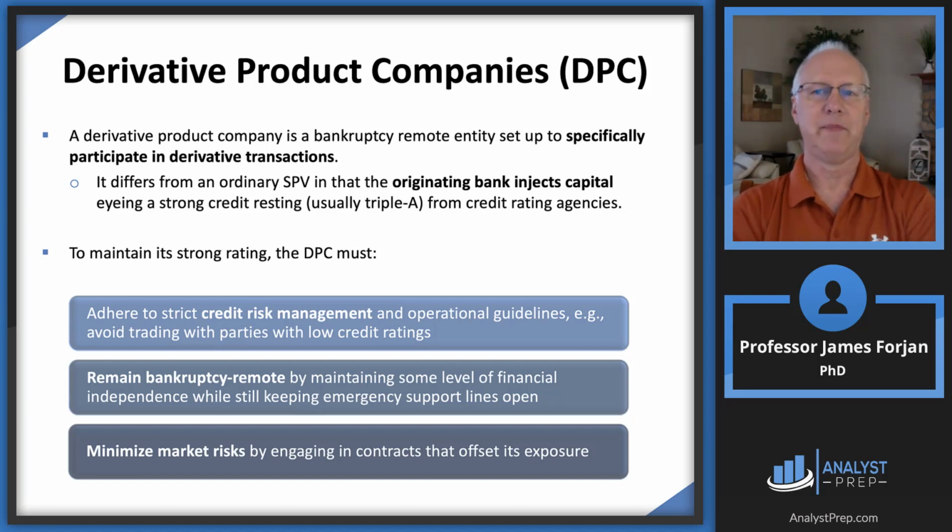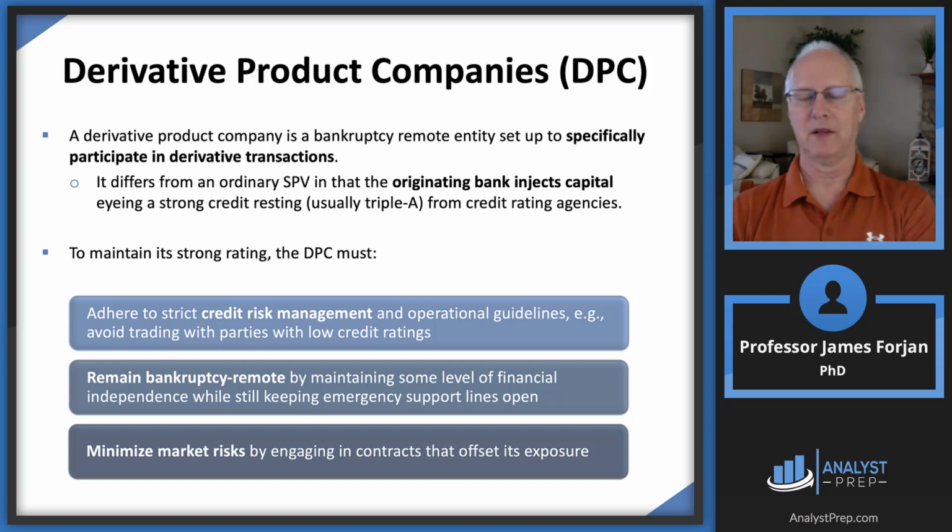Now, these DPCs are really fascinating entities because they work almost like a special purpose vehicle, but this is a separate business that is designed to look like a special purpose vehicle, but the derivative product company uses its own capital.